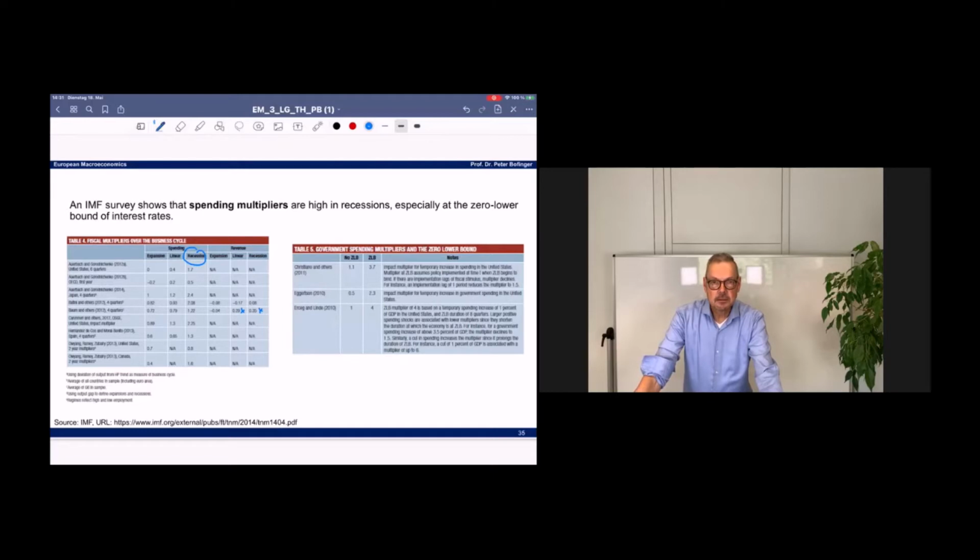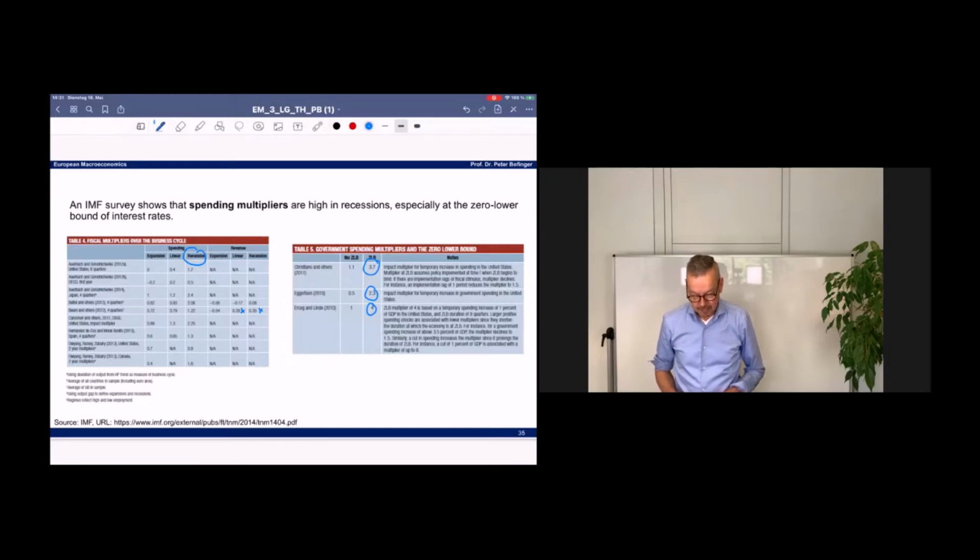This is then very often a situation where the output gap is still very negative, but the central bank cannot contribute to increasing output. In this situation, one can see that the multiplier of fiscal policy is relatively high, with values from 3 to 7, 2.3 or 4, and compared to the non-zero lower bound, the multipliers are much higher.